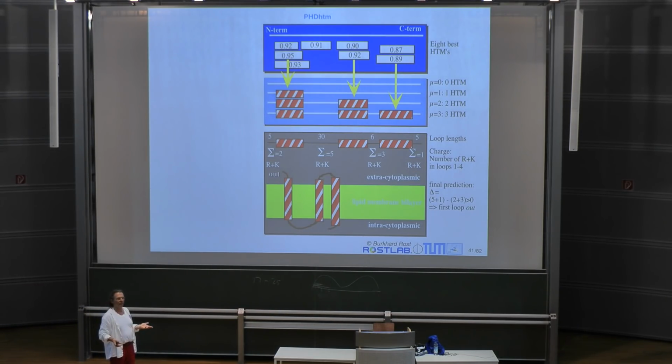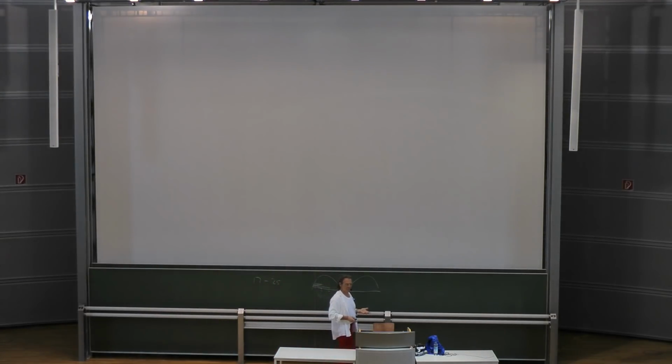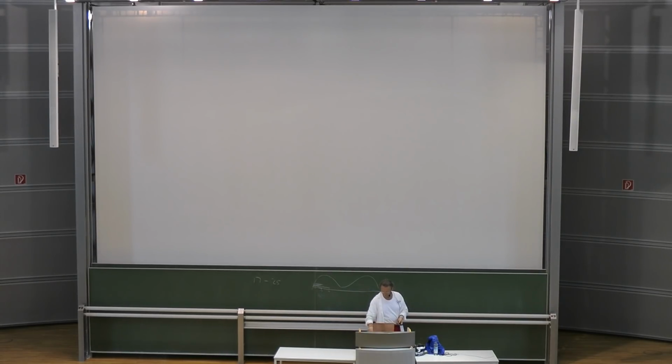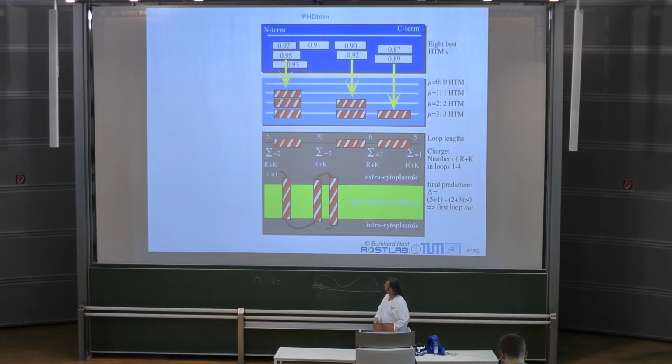Is the best on the right or the left? Forget about left and right. The red rectangle is a transmembrane helix. I'm sorry.